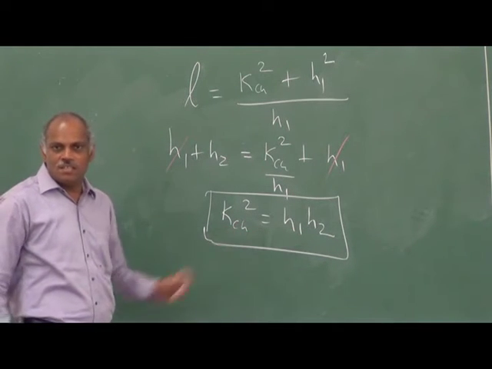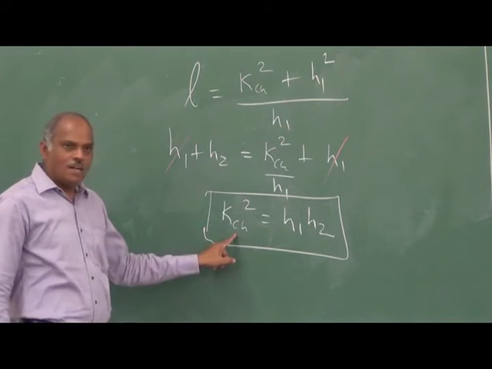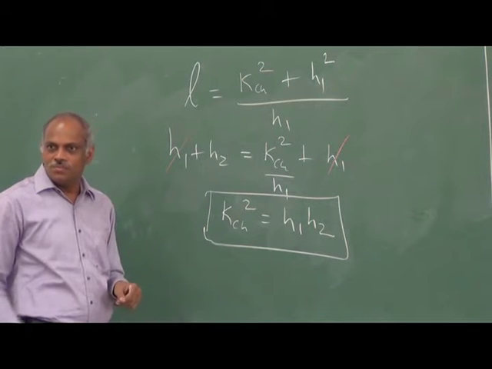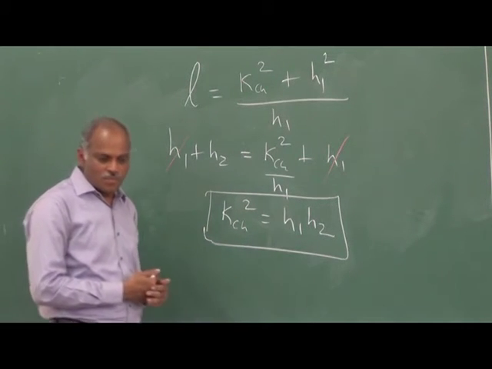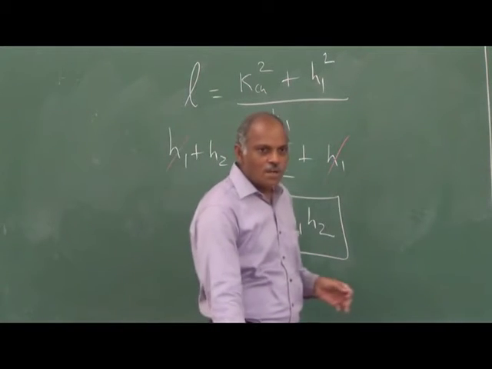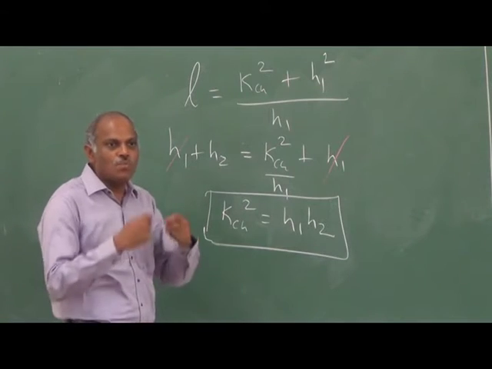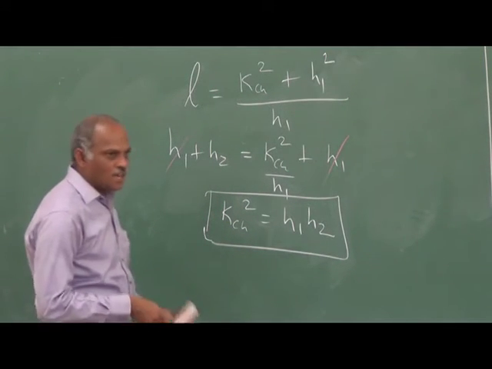Again you are looking at this equation where the square of the radius of gyration about CG is equal to h1 into h2. From this we can add one more point to your conclusion.